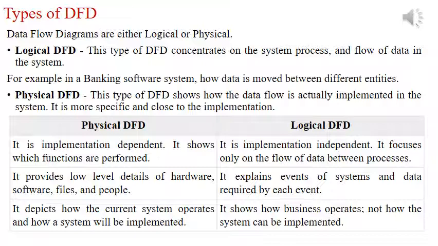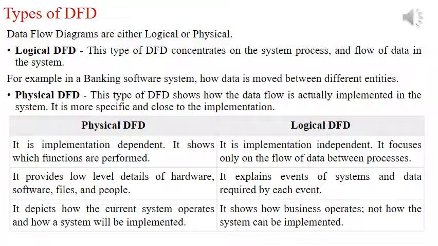We are talking about logical things like data required by each event and events of the system. What type of events we are using in a system. And the last is it shows how business operates, not how system can be implemented.